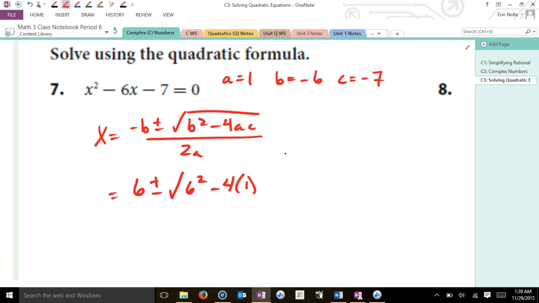A positive. Okay? And the other reason I do it is because you wouldn't believe how many times I ask, what's negative 6 squared? And kids type it in the calculator, and guess what they tell me? Negative 36. Because that's what the calculator will tell you.